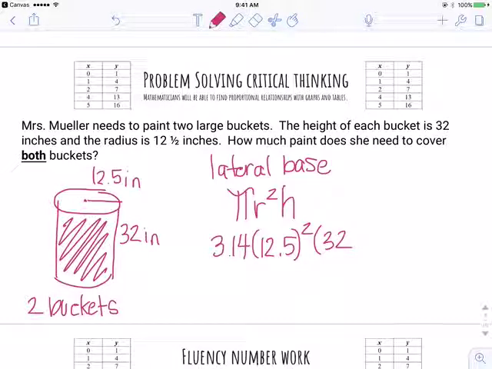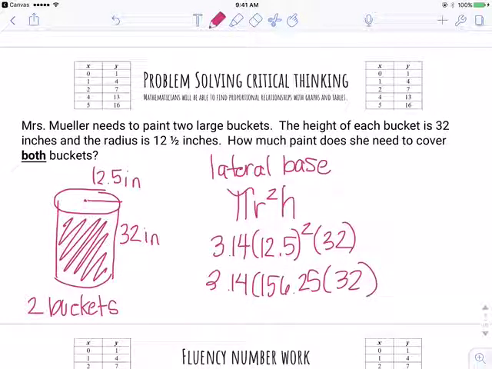So when I do 12.5 times 12.5, I get 156.25. And then I'm going to multiply all that by 32, which is the height. And then I'm going to multiply it by 3.14, which is pi. So the area of one bucket's lateral base is 15,700.